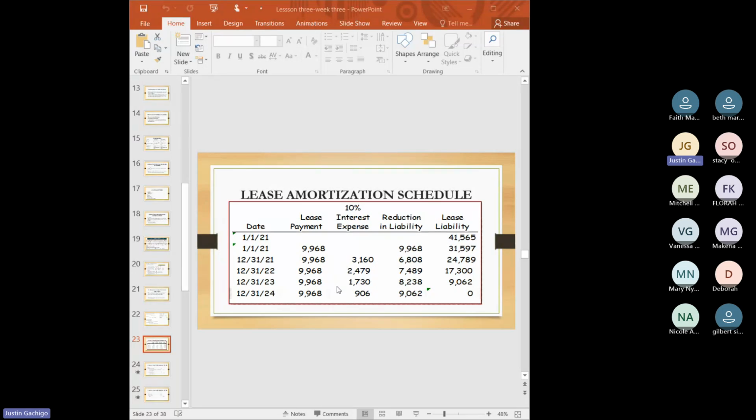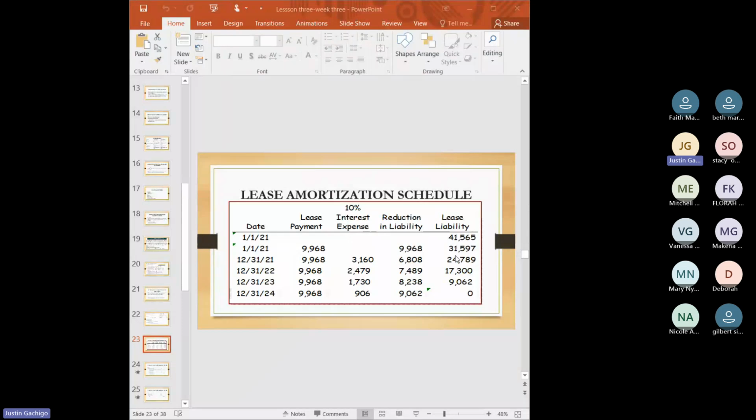So this 10% interest expense is on these balances that you can see here. The interest expense and the deduction in lease liability should be equal to this lease payment here. Because you know this amount here, to get this amount, you just subtract this from this to get this amount here.